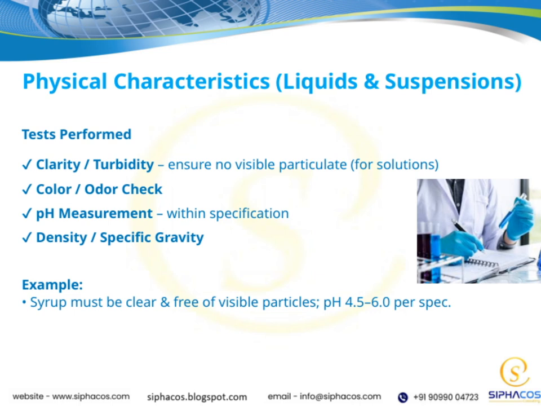Any deviation could suggest spoilage or improper formulation. We also measure the pH to verify that it falls within the specified range, as pH affects both stability and compatibility. Lastly, we assess the density or specific gravity, which helps us understand the formulation's consistency and concentration.